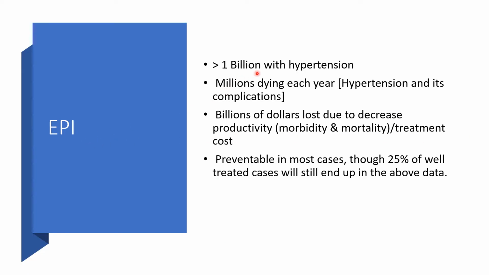Epidemiologically, greater than 1 billion people are living with hypertension. Millions are dying every year due to hypertension itself and its associated complications. Billions of dollars are lost due to decreased productivity, might be because of morbidity and sometimes even mortality, and also a lot of money lost due to treatment cost.